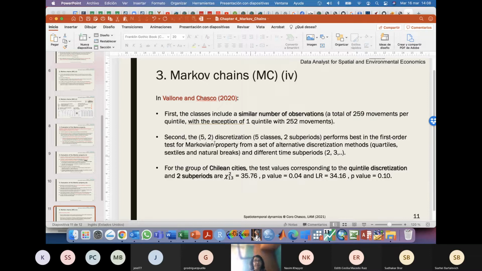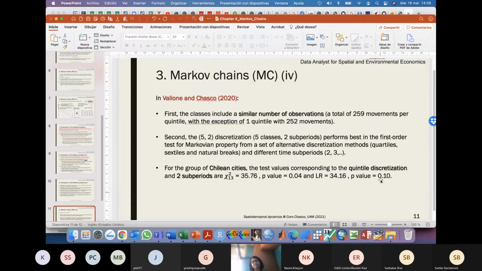Okay. For the group of Chilean cities, the test value corresponding to the quintile discretization was 35.76, and the p-value allows rejecting with 96% confidence. In this case, it is not so clear.